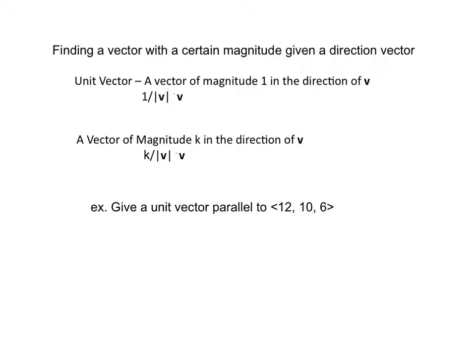If we want to then change that magnitude to be something else, we can multiply by that value, in this case k. K over the magnitude of v will change the magnitude to whatever you want it to be. So, for example, if I want a unit vector parallel to this vector 12, 10, 6, the first thing that I need to do is what?